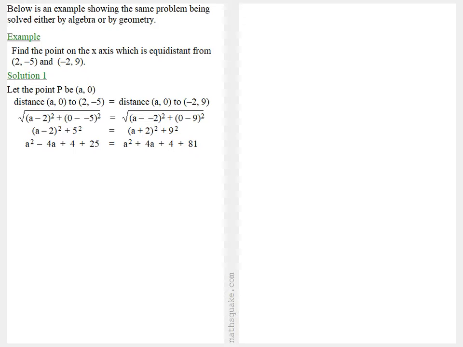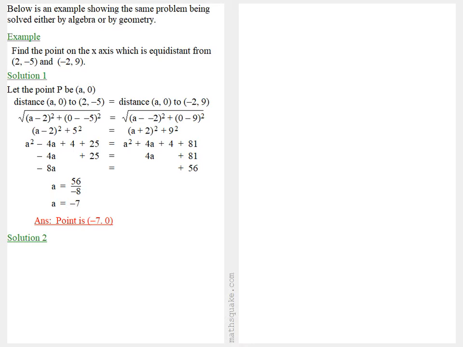Now we can cancel a squared and 4 on each side, and that leaves us with minus 4a plus 25 equals 4a plus 81. If we subtract 4a from both sides and 25 from both sides, that gives us minus 8a equals 56. And if we divide by minus 8, we get a is 56 over minus 8, so a is equal to minus 7. So the point is (minus 7, 0).